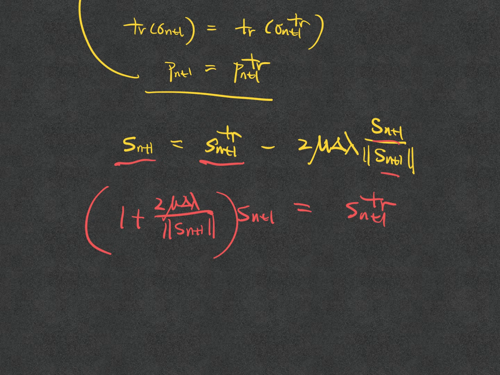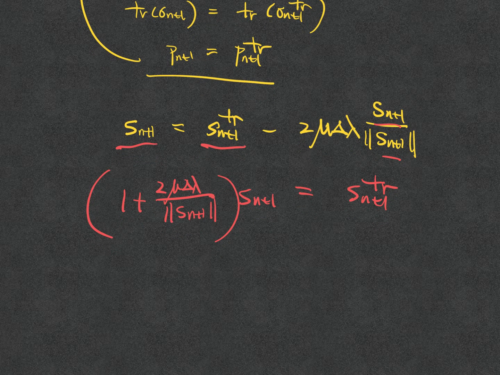Actually, there's something very interesting in the sense that if I take the matrix norm of the S n plus 1 trial and multiply everything by it, then what I will have is the following. N plus 1 is actually equal to S n plus 1 divided by the norm of S n plus 1.